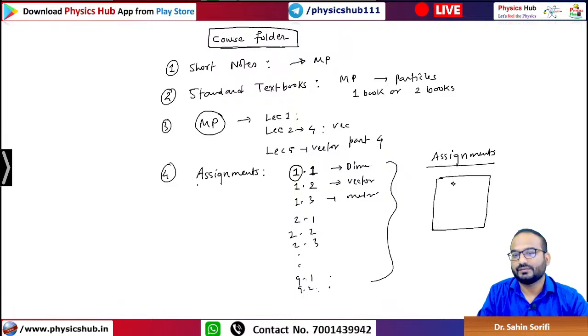Let's say for the time being, I'm just giving an example, 20 questions are there in the assignment. Out of these 20 questions, mostly we'll try to cover those questions in the lecture. We'll incorporate those questions in the lecture. Let's say I give you the detailed solution while taking the lecture.